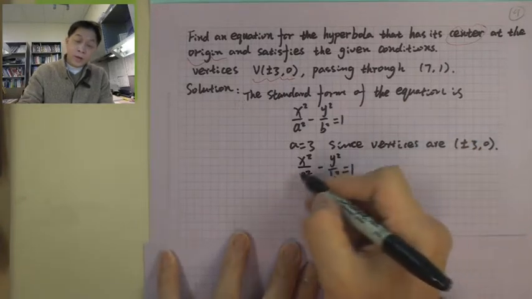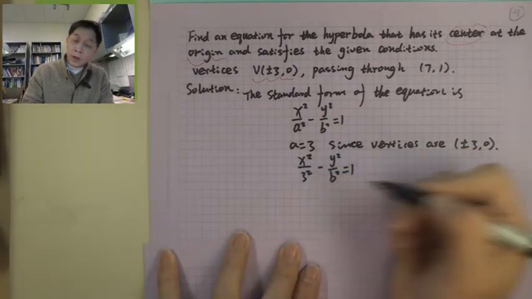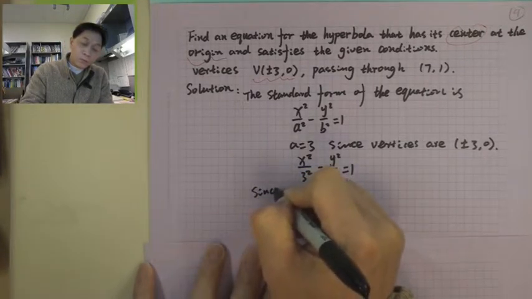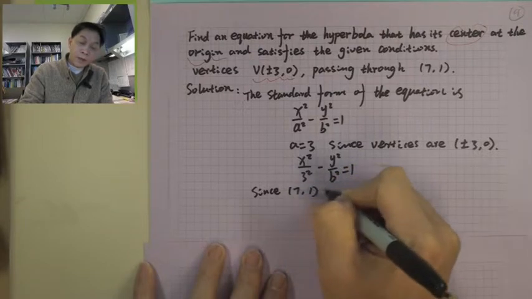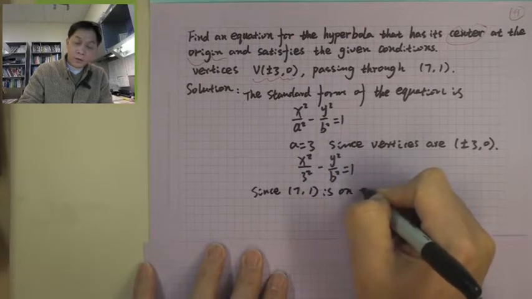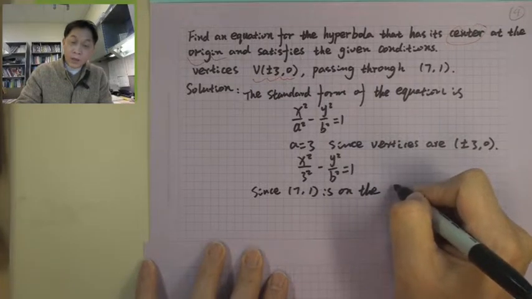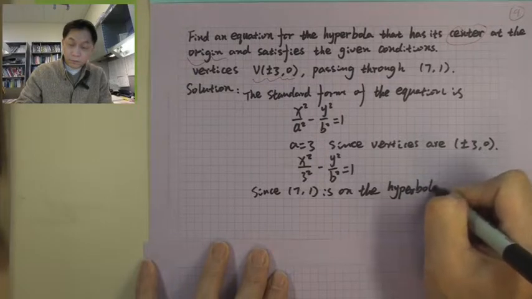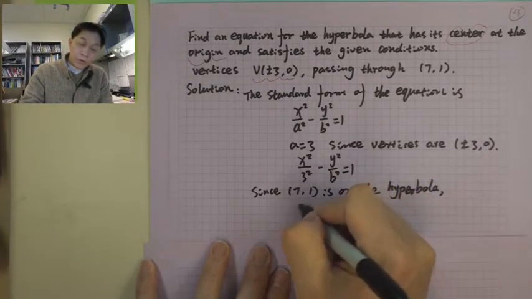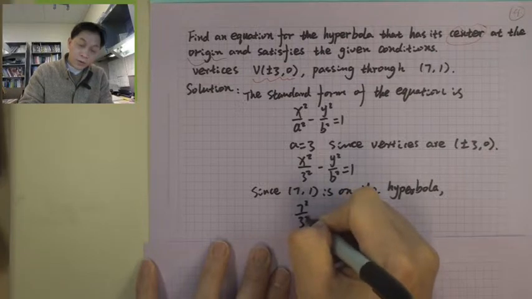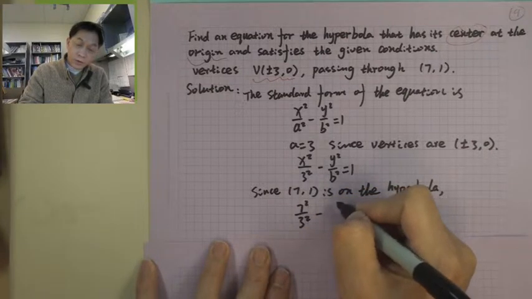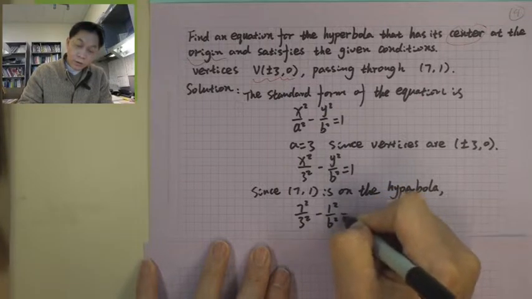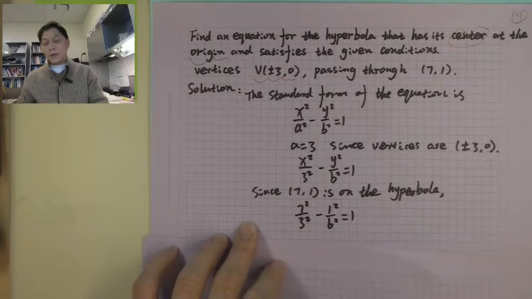So since (7, 1) is on the hyperbola, we have 7 squared over 3 squared minus 1 squared over b squared equals 1.